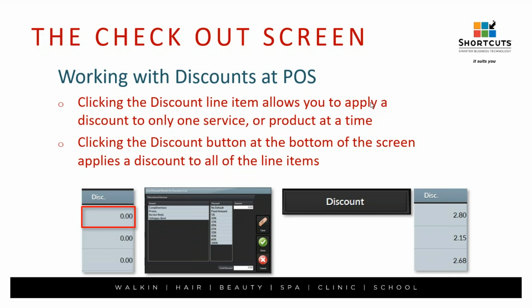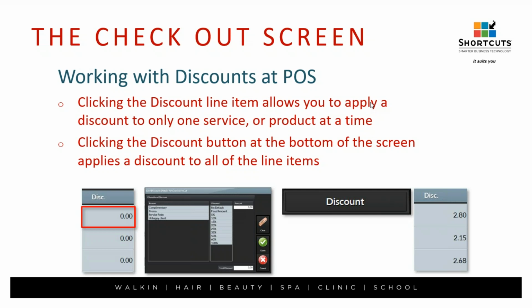If you press the $0 discount in the actual point of sale, then you're telling Shortcuts, I am only allowing a discount on one particular item, whether it's a service or a product. And these permissions are protected by security. So if you click a service, then Shortcuts does filter and only shows you the service discounts that you allow or product discounts that you allow.